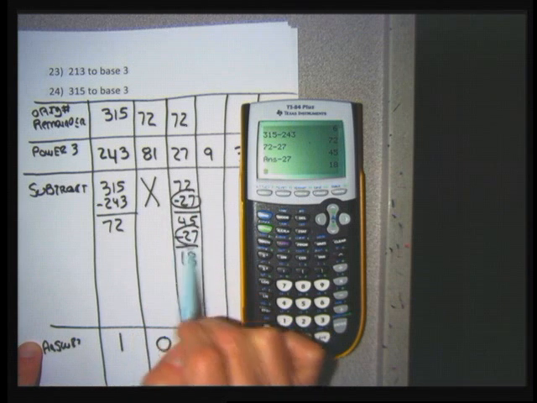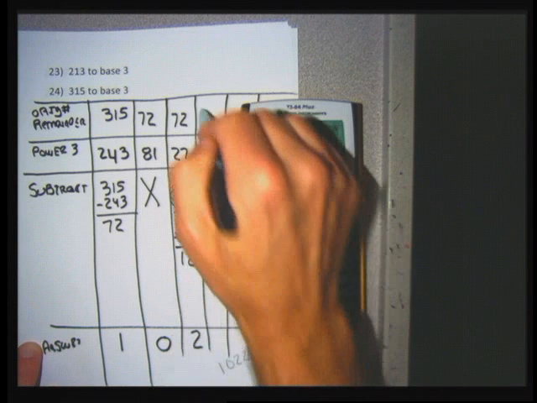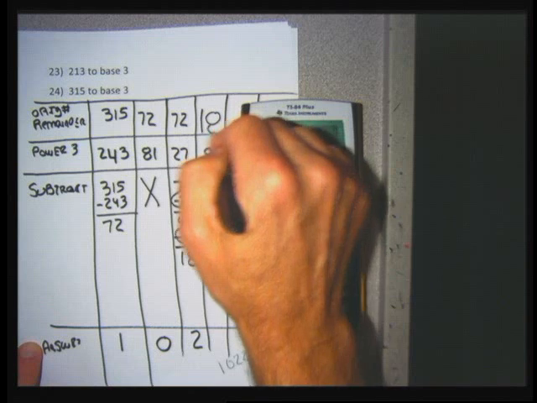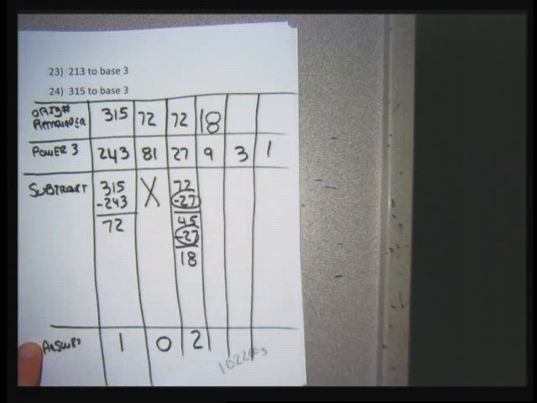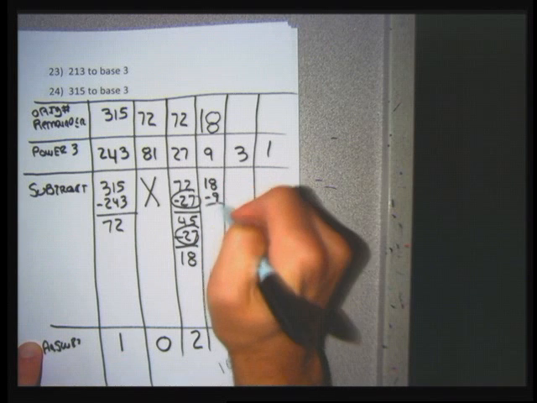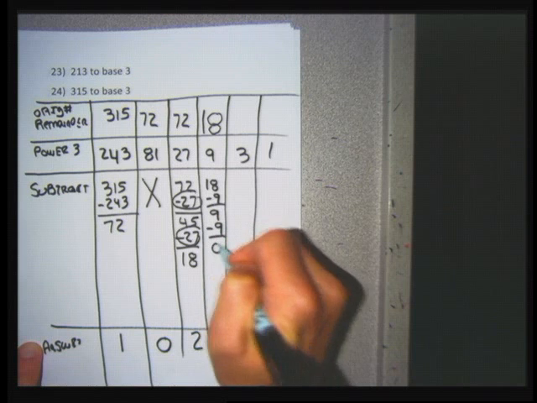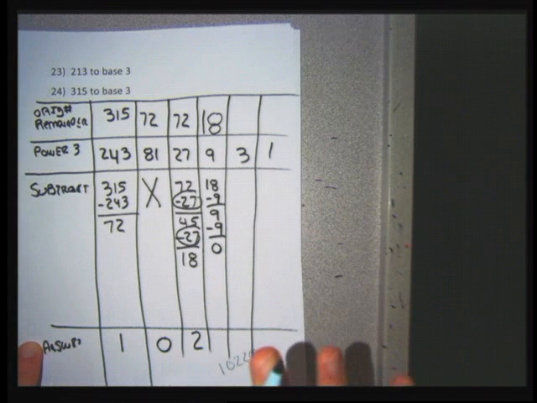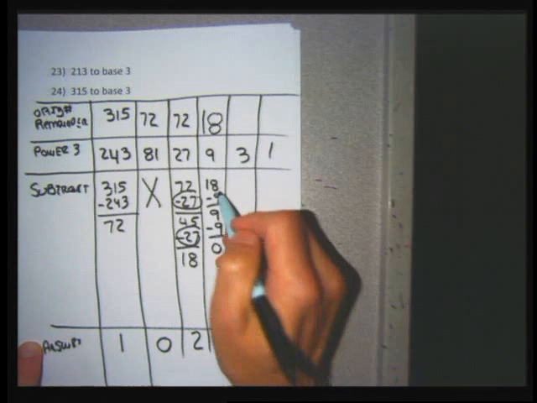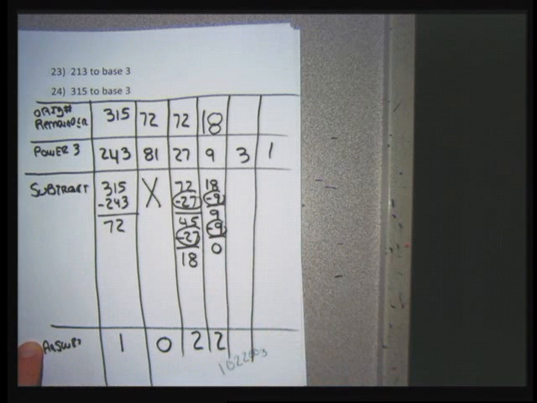So I'm going to get a 2 for the bottom of this column, bring my remainder of 18 up, start subtracting again. 18 minus 9 is 9. 9 minus 9 is 0. I'm at a 0, so I can't subtract anymore. The bottom of this column is going to get a 2 for the 2 times I could subtract.